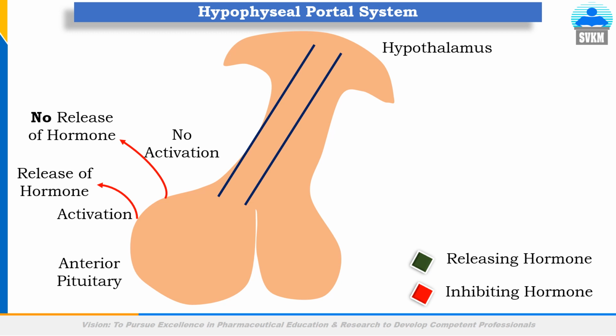The hormones produced by the hypothalamus follow a path through a portal system. They travel through the portal system and act on the anterior pituitary gland, and based upon the nature of the hypothalamic hormone, there is activation or inhibition of the pituitary gland, according to whether the hormone is released or inhibited.